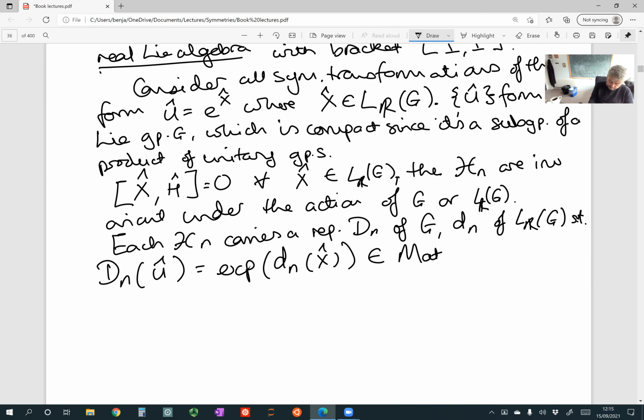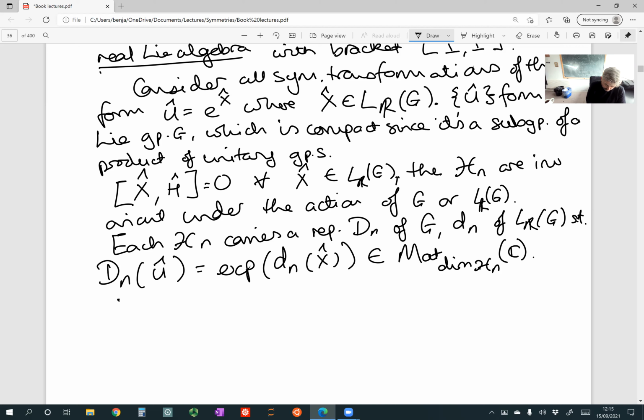It's a square matrix of dimension H_n, and it's a matrix of complex numbers. So actually, the fact that it's unitary, Wigner proved that, and you're going to prove that theorem too if you follow the exercise in the book.